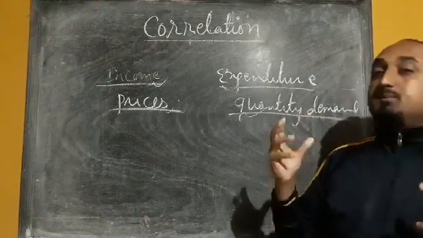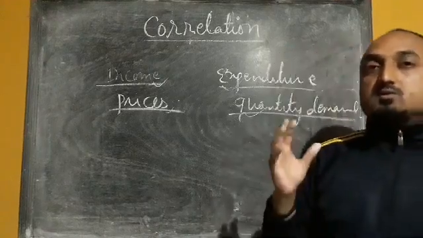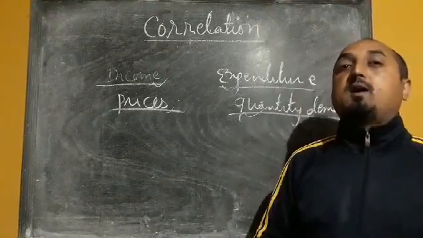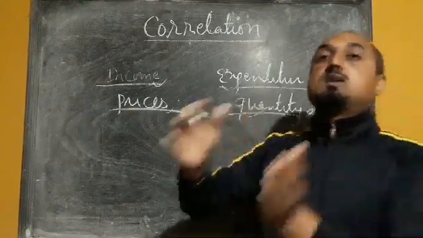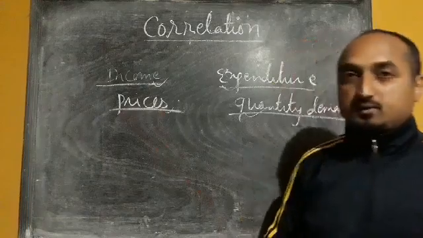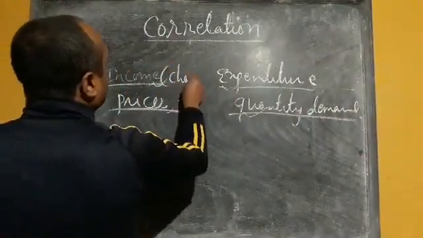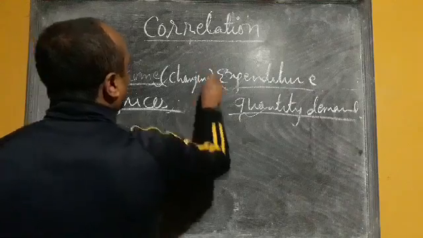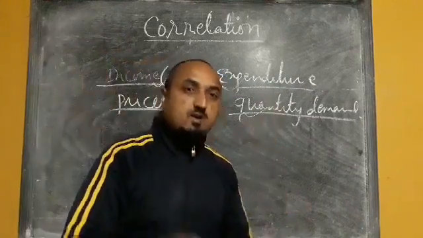Now what is the meaning of interrelated variables? Interrelated variables means when the value of one variable changes, it also changes the value of the other variable. Suppose our income is changing, either increasing or decreasing.